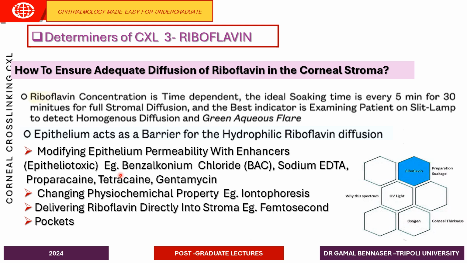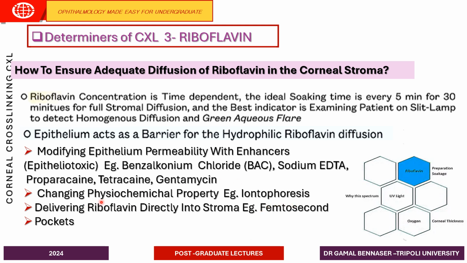On top of the list are benzalkonium chloride, sodium EDTA, tetracaine and gentamicin. Another way is changing the electrical charge of the riboflavin, which then gets attracted by the opposite charge in the cornea, ensuring good permeability. This is known as iontophoresis.